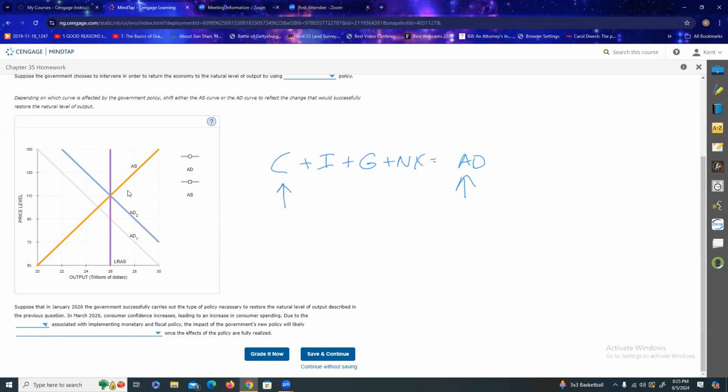Now, they didn't anticipate the increase in consumer confidence. They should have, once they shift things back and things look better, but so this is going to shift some more. So they're going to overshoot it and push the economy beyond the natural level of output.